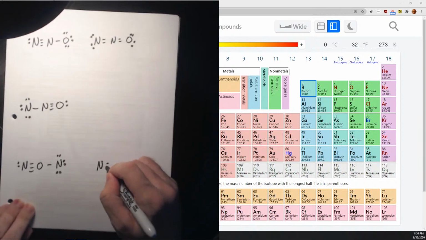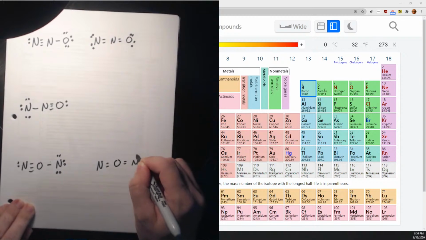Finally, N double bond, O double bond, N.